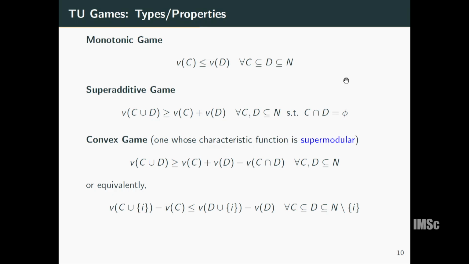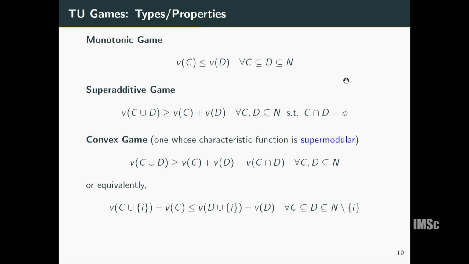Where C intersection D is not empty, that is still convex but not superadditive. I think superadditive gives a subset of convex games. You just added one condition to convex to make it superadditive. Every convex game is superadditive.